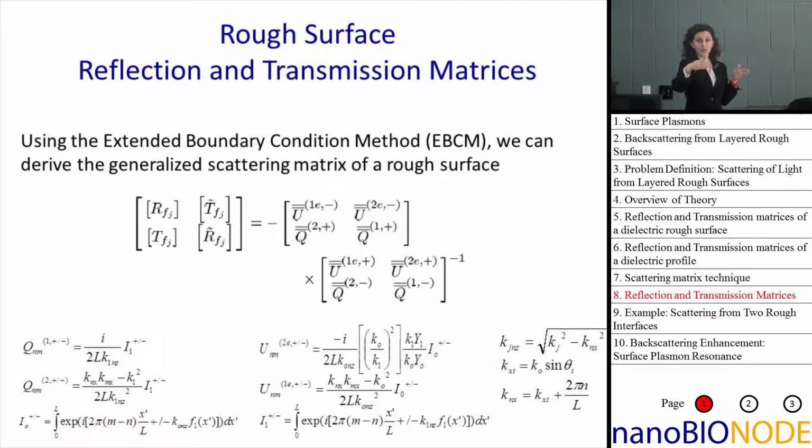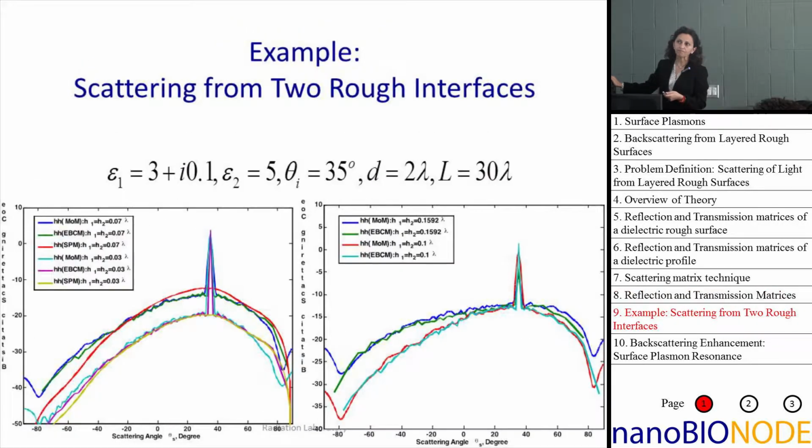This way, because we now have a periodic surface, we can use discrete Floquet modes to represent the plane wave spectrum of the reflection and transmission processes. A lot of the expressions you see here come from the Floquet mode expansion technique. But the bottom line, the takeaway message, is that ultimately we find the scattering matrix, which is a collection of reflection and transmission operators for the entire system. That is a result of cascading individual system reflection and transmission operators.